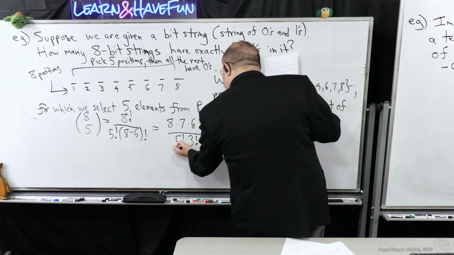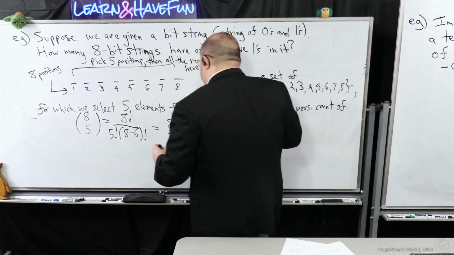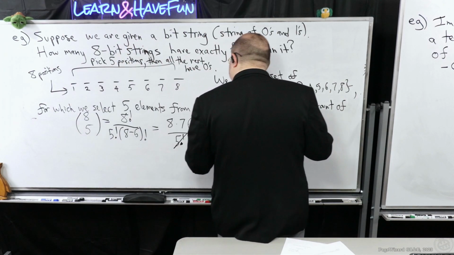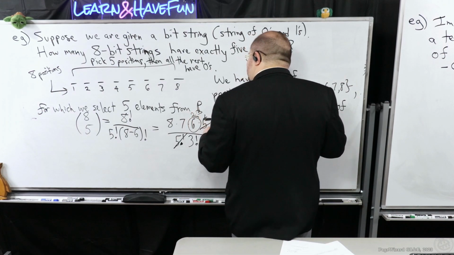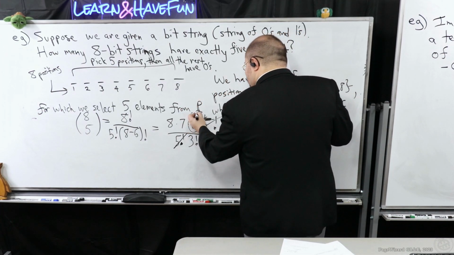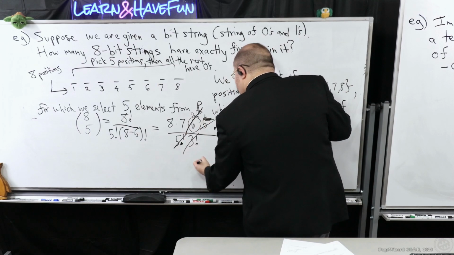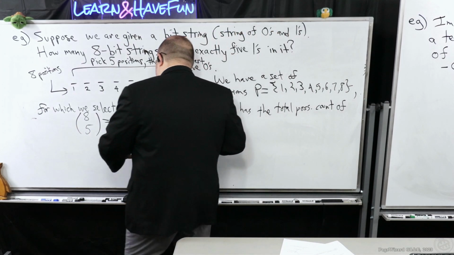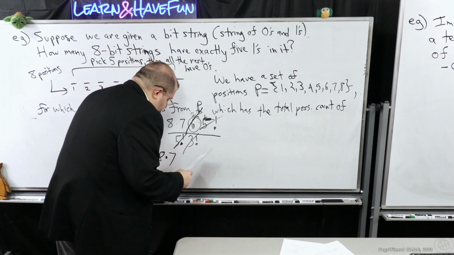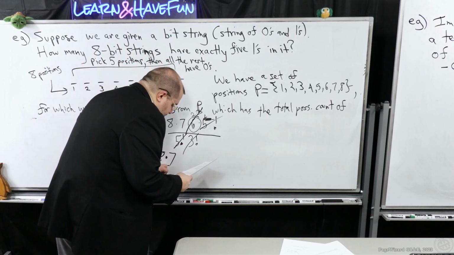So the 5 factorial could go out with this 5 factorial. And then I have, what else? Well, 6 right here is just 2 times 3, right? Which is the same as 2 times 3 times 1. Which is simply 3 factorial. So I end up with 8 times 7, which is exactly 56.